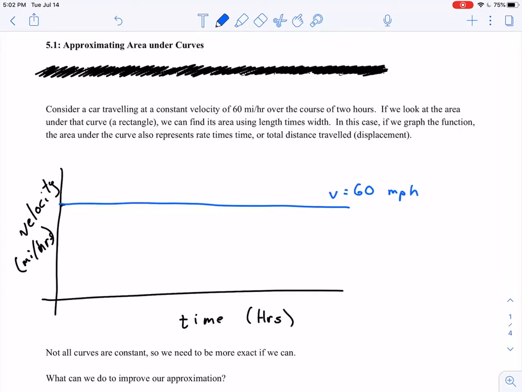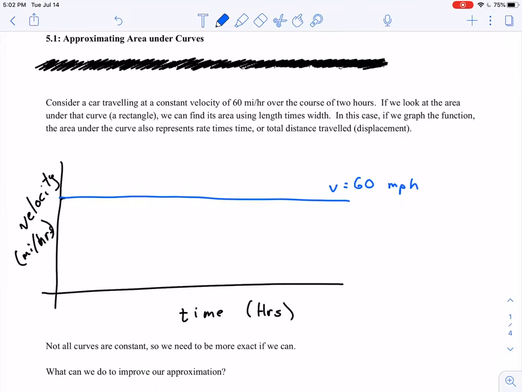If we want to find how far we've traveled, we can actually look at the area under this curve. So if we've traveled for 60 miles an hour for 2 hours, if I look at the dimensions of this shape that I've drawn right here, probably easier to look down here, this is a total of 2 hours.